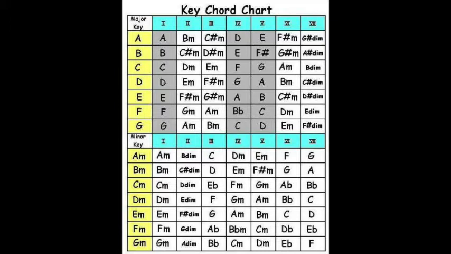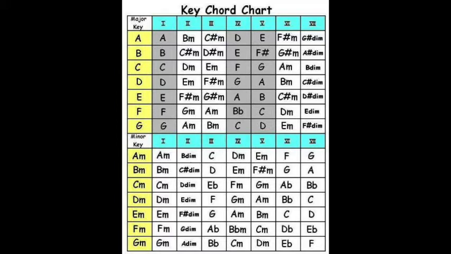Then going in order, the 4 and 5 of the key of A minor are D minor and E minor. And then the 6th degree of the key of A minor is an F major. Finally, the 7th degree of the key of A minor is a G major. So congratulations.